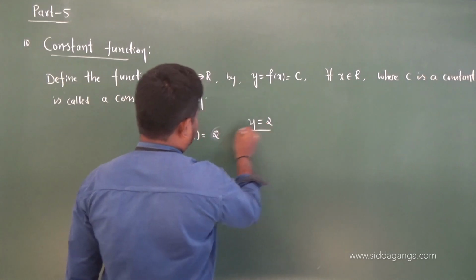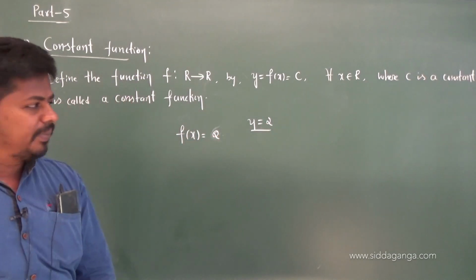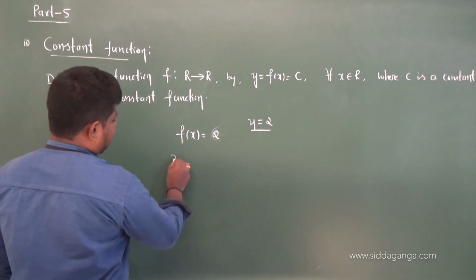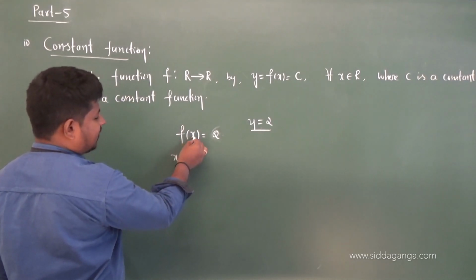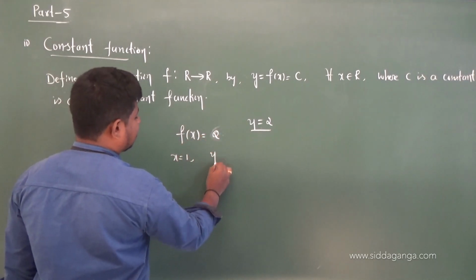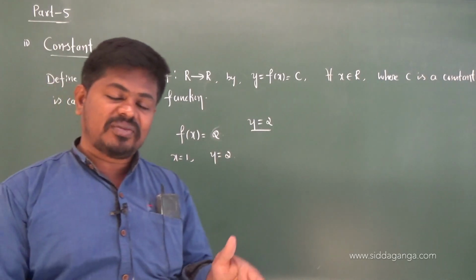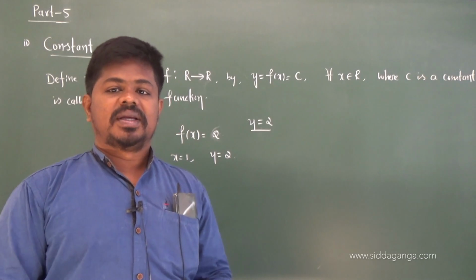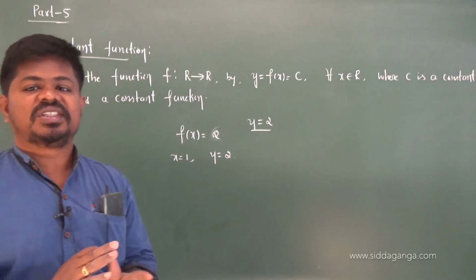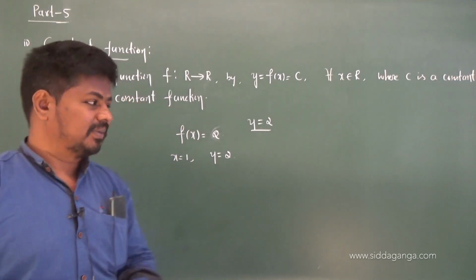Both are the same. I mean to say, when x is 1, y is 2 itself, no change in the value of y, it is constant, so that we call a constant function. Whatever the domain value, no change in the y value, it is constant.